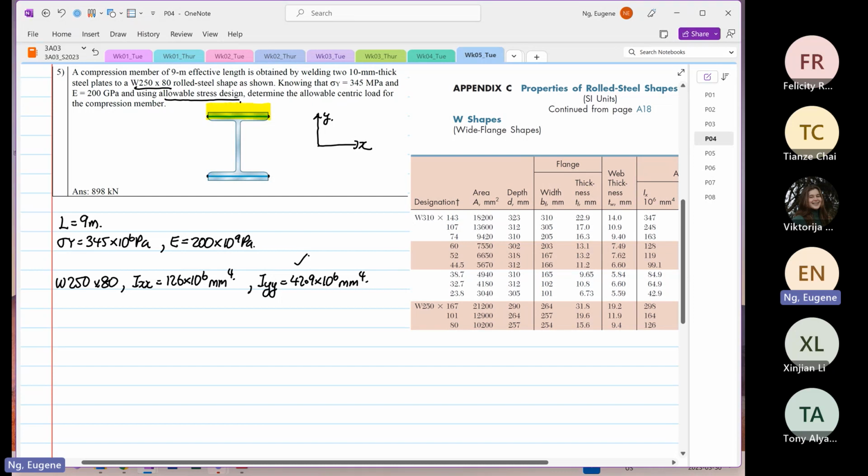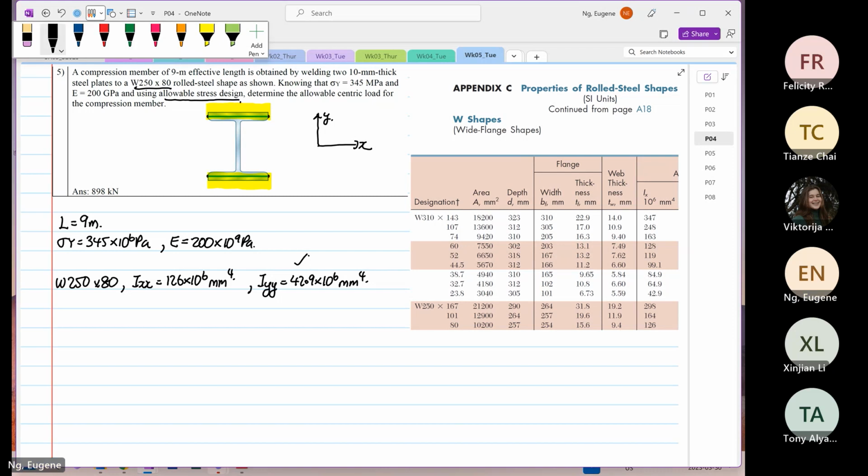There's a plate welded here and a plate welded there. We have to determine the total IXX or the total IYY. As engineers, we have to know the absolute value. You cannot say, Eugene, isn't it obvious it's going to be IYY? Okay. We don't know. We have to prove it based on numbers. So from here, we are going to determine IXX total.